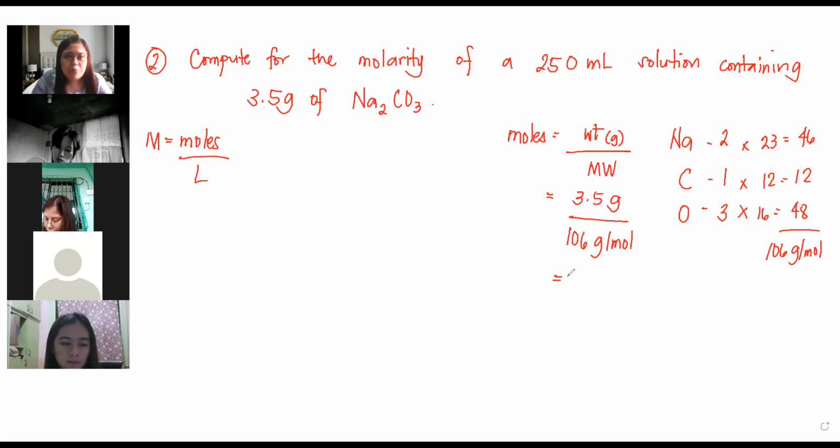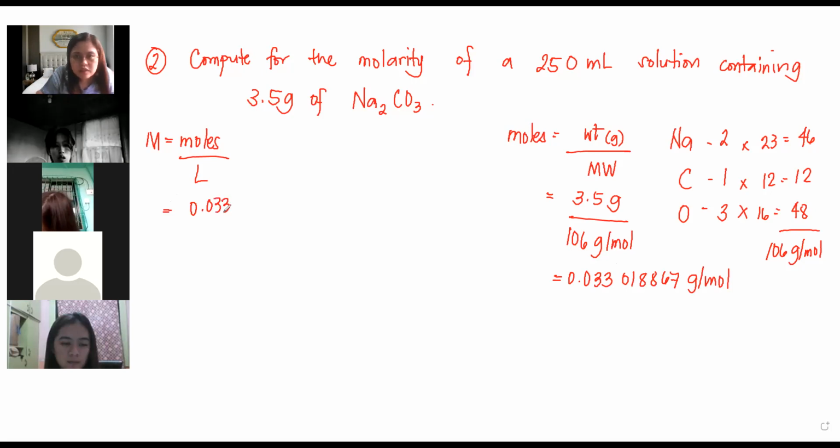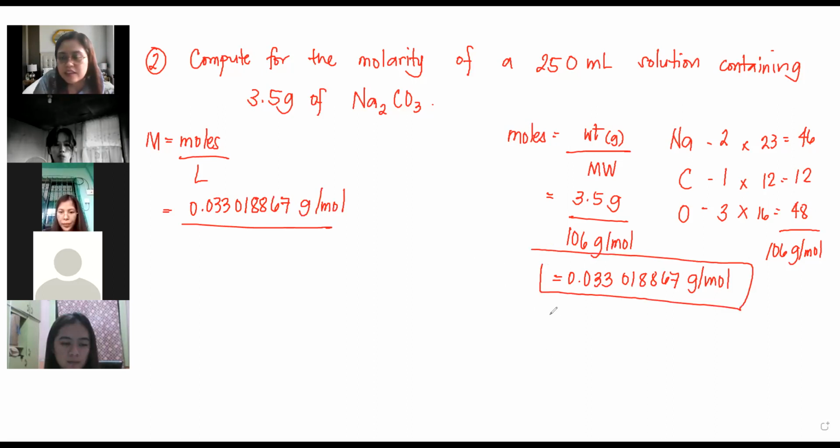Therefore, the number of moles for the 3.5 grams of sodium carbonate is 0.033018867 mole. Now we will use this again in the computation. And then for the liters of solution, again, we have no given in liters, class.